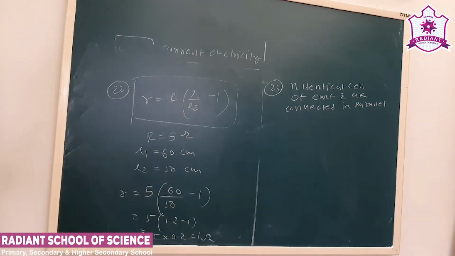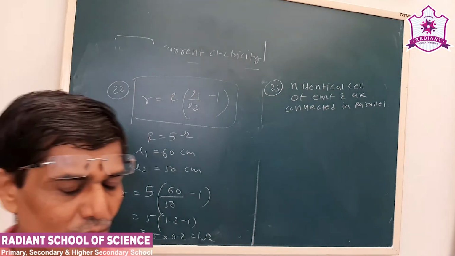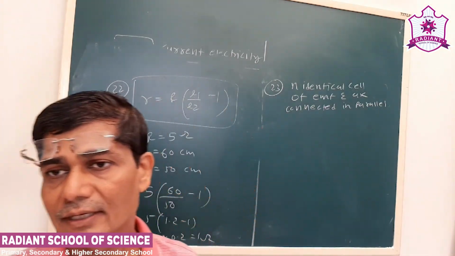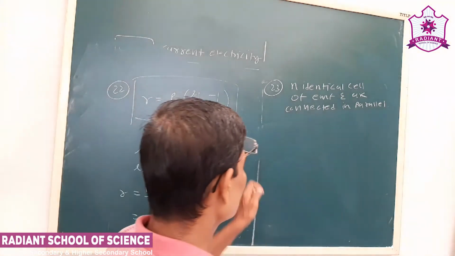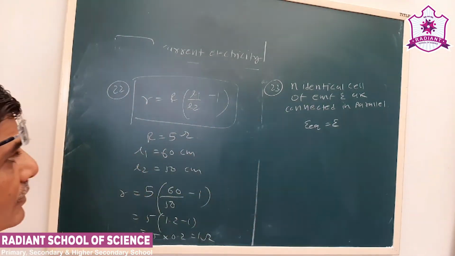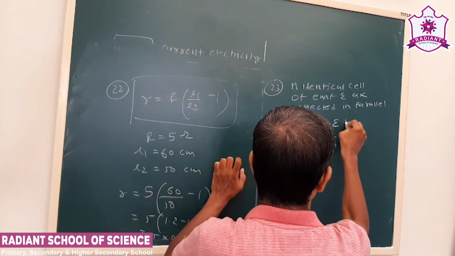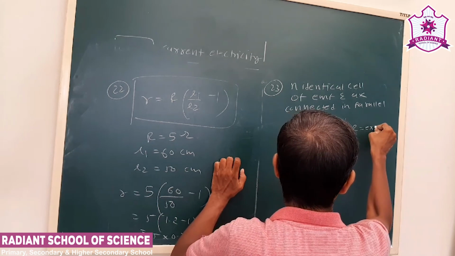See this is nothing but parallel connection of the cells. See remember when n number of cells are connected in parallel, each value is same, then E equivalent will be E only. Okay. And r equivalent is r by n, and R is the external resistance.